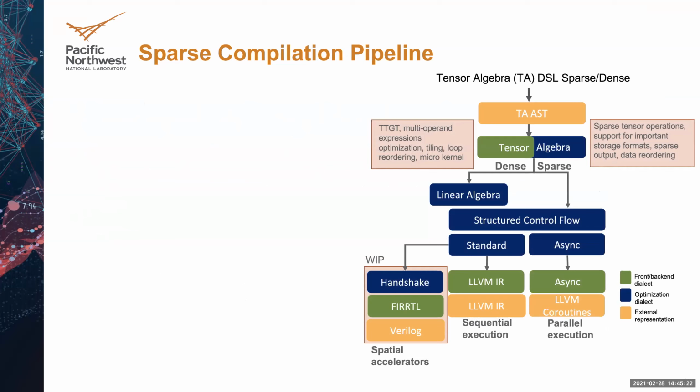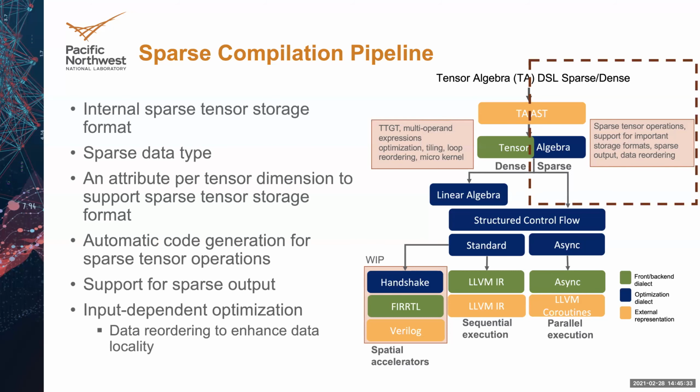Going to the details of the sparse compilation pipeline, I will talk about the right-hand side of the compilation pipeline. For this work, we define an internal storage format to be able to target important sparse storage formats. In our compiler, we have a sparse data type, and we are using an attribute per tensor dimension, connecting with how we support different storage formats.